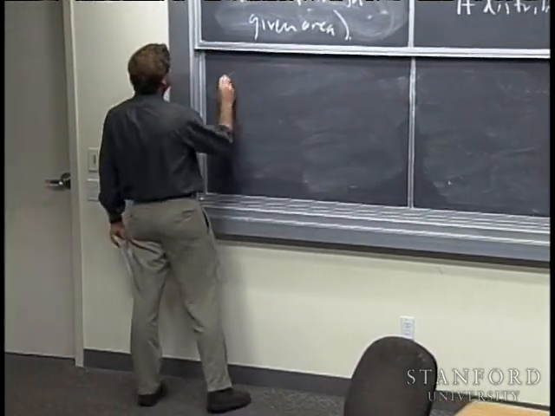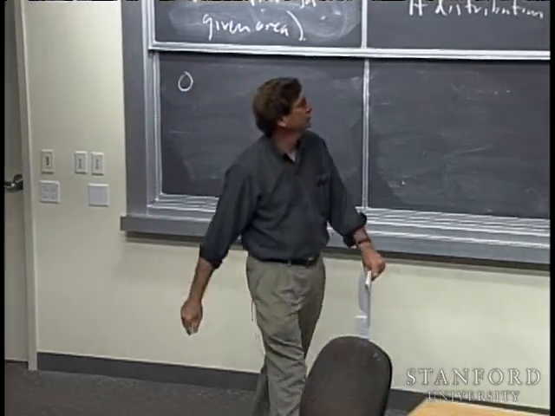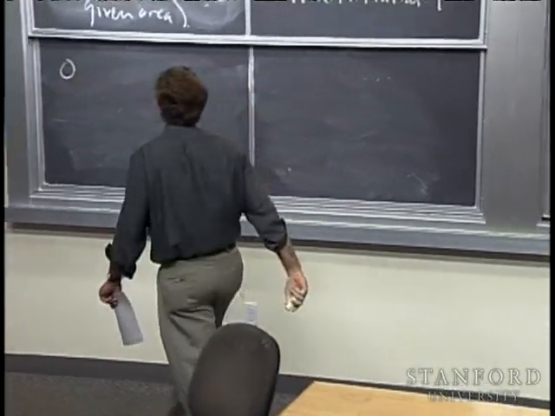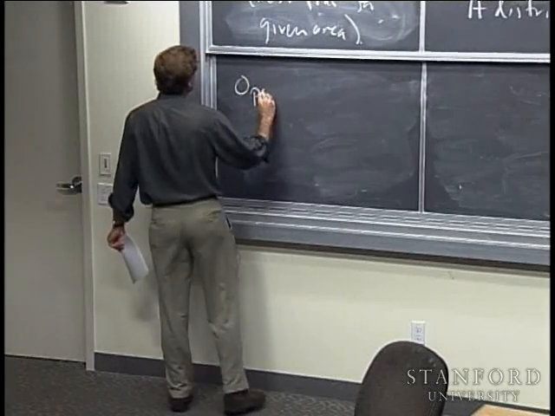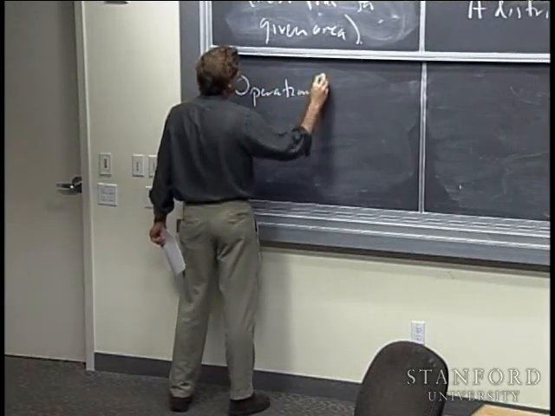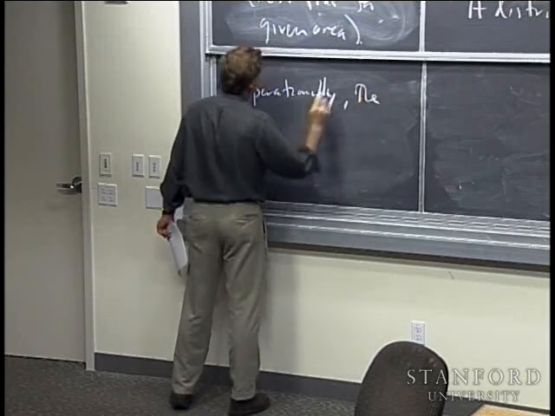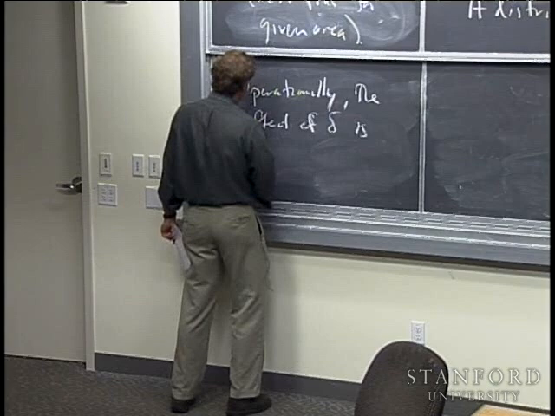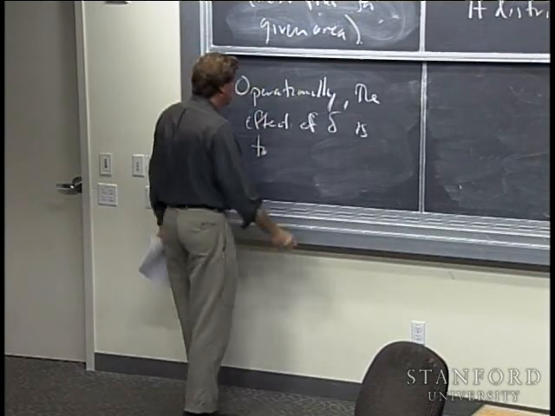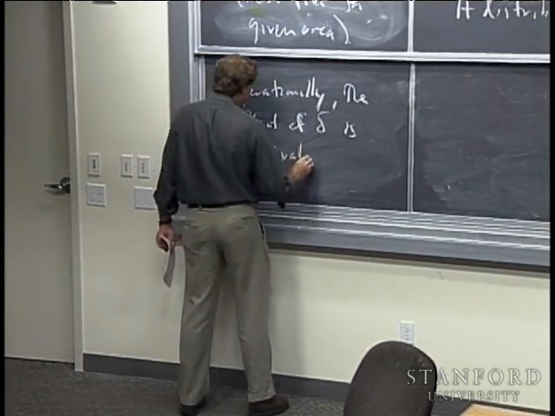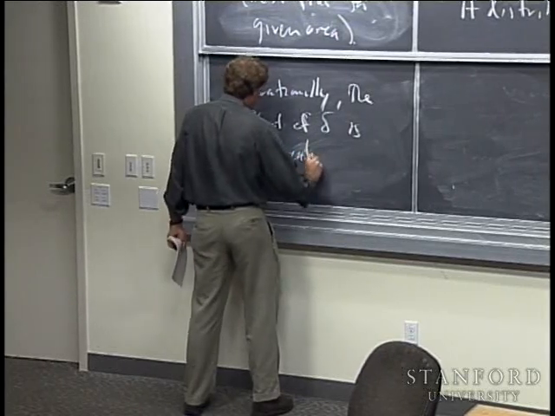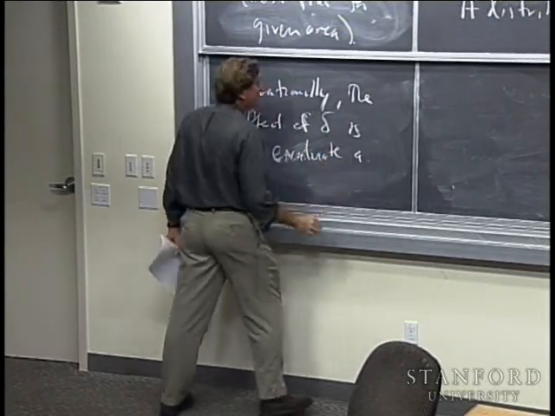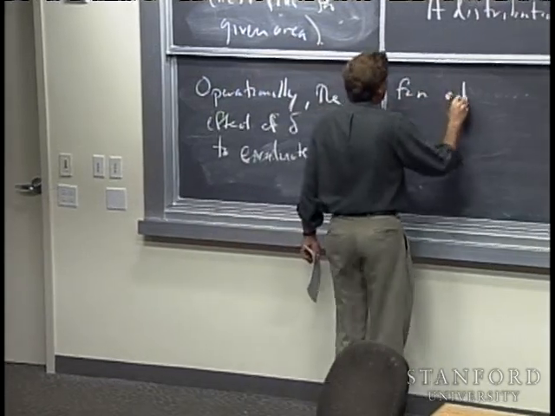Right. So operationally, the effect of delta is to pull out the value at the origin, is to evaluate a function at the origin.